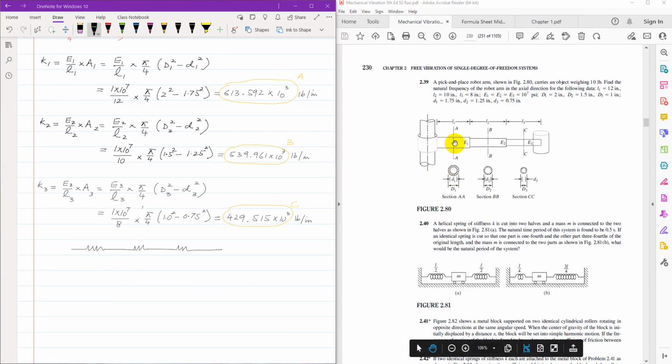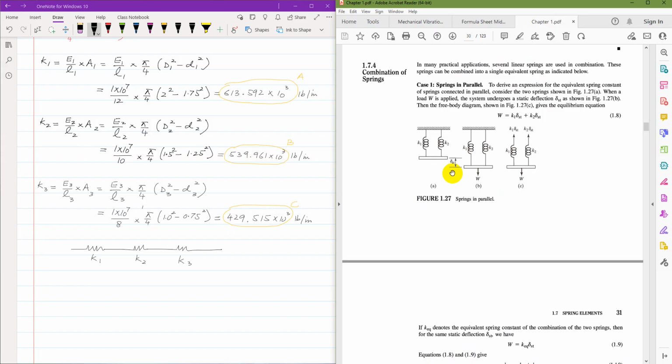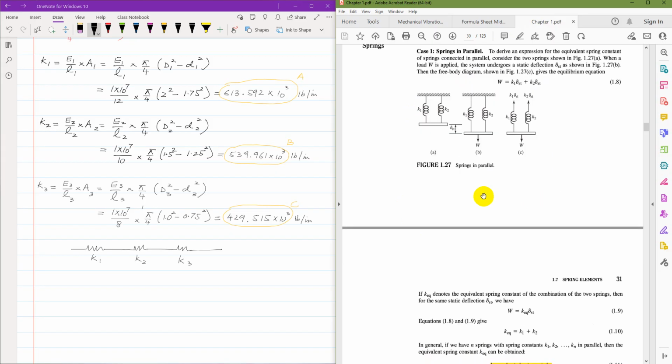Now these three members can be represented as three springs with stiffness K1, K2 and K3, and this combination is springs in series.